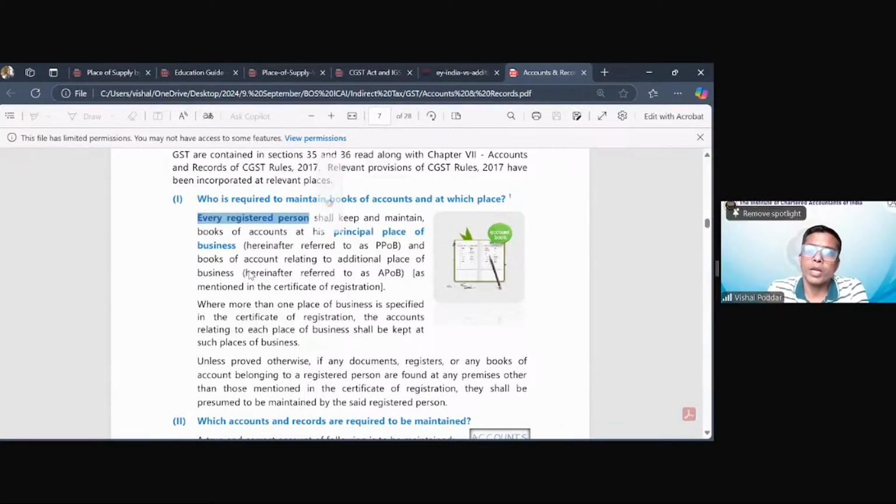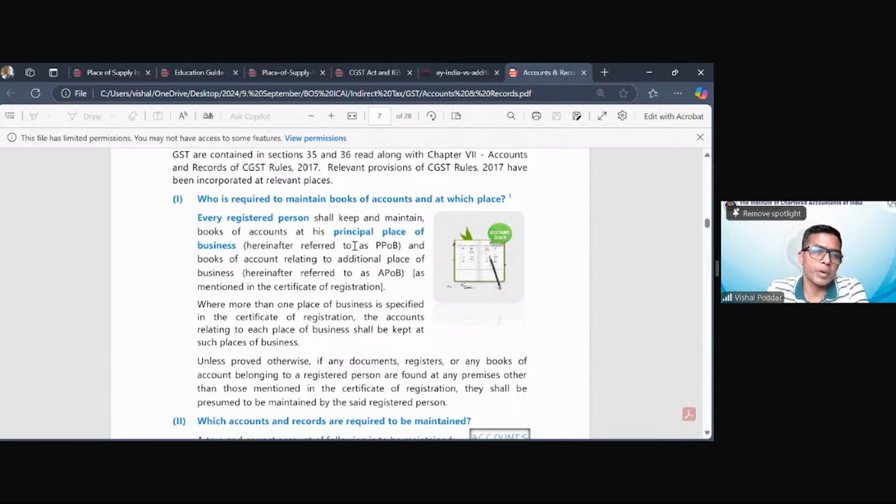So in all the assessment sections, in some cases they have used the word registered, but in the majority of the assessment provisions, they have used the word taxable person so that they can catch hold. In fact, in a few of the penalty provisions, they have not even used the word taxable, they have used any person.